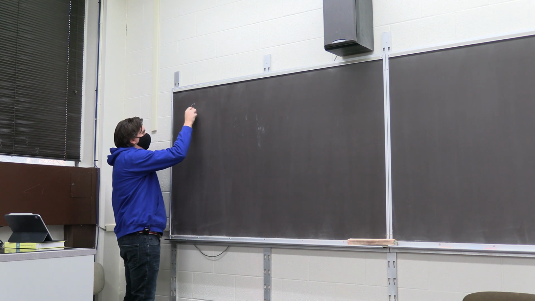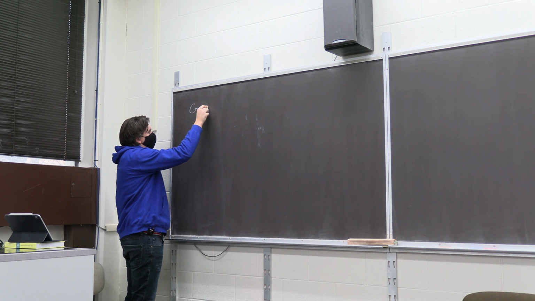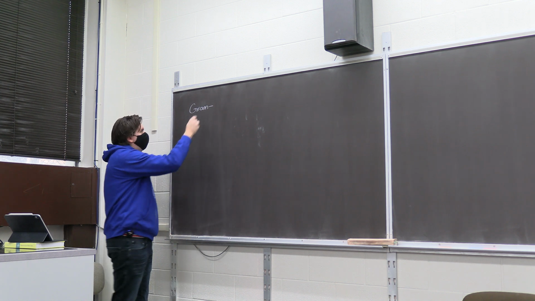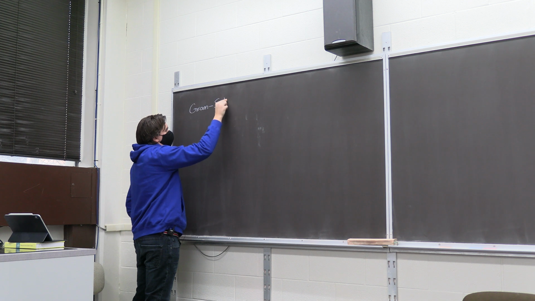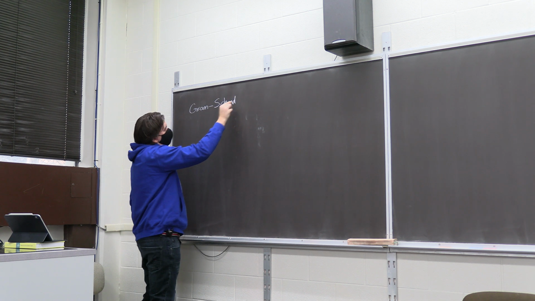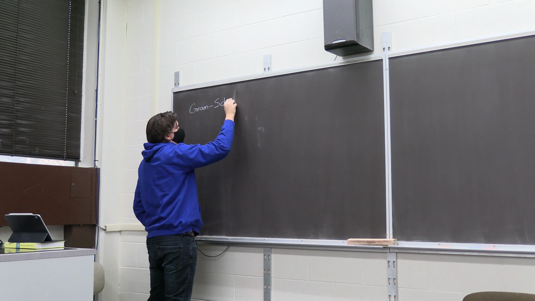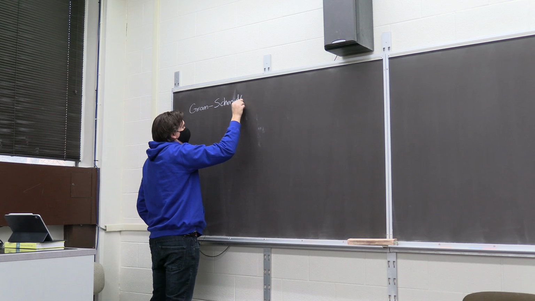So Gram-Schmidt is a way to take a basis and turn it into an orthonormal basis. I always spell this wrong, S-C-H-M-I-D-T, Schmidt.